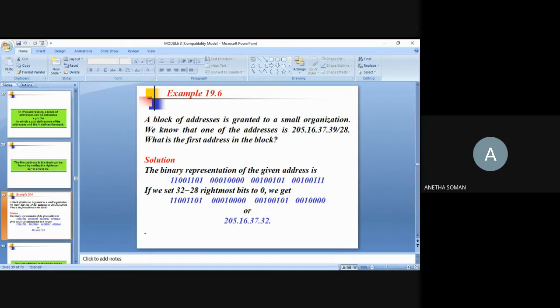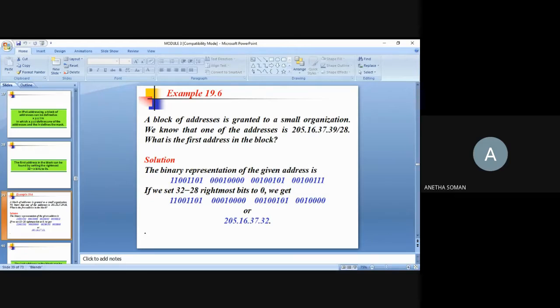The rightmost 4 bits are set to 0, so the corresponding decimal equivalent is 205.16.37.32. This is how I find the first address if some address is given to me. I require only the mask value, and I will be able to find the first address.